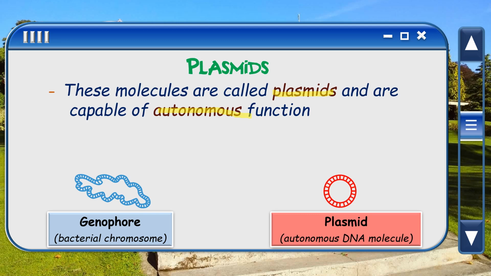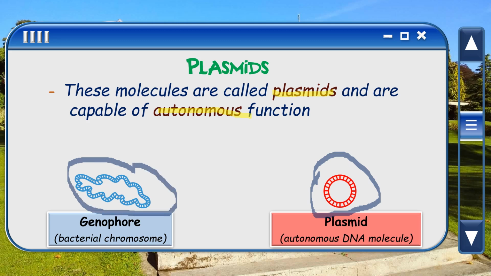Those are the extra DNA, which we refer to as the plasmid. But the real DNA molecule is the one that we call the gonophore.